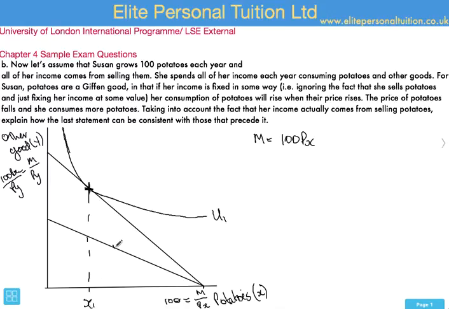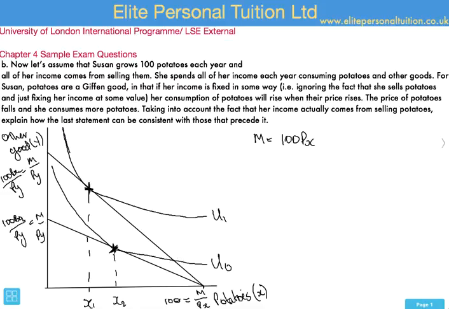So I'm going to put mine here, and then I'll put on my utility line. So we can see that she consumes more potatoes overall when the price of the potatoes falls. This point here is now 100 PX2 over PY, where PX2 is less than PX.